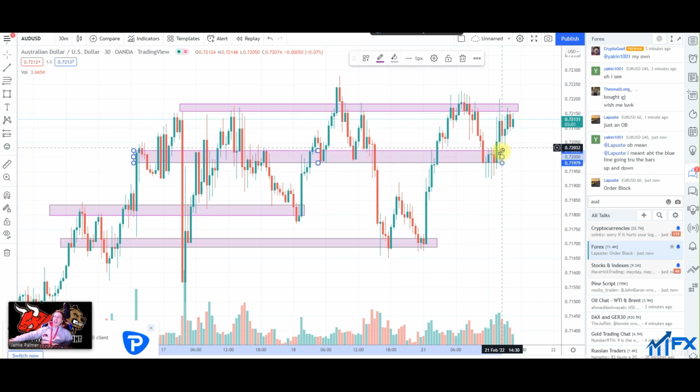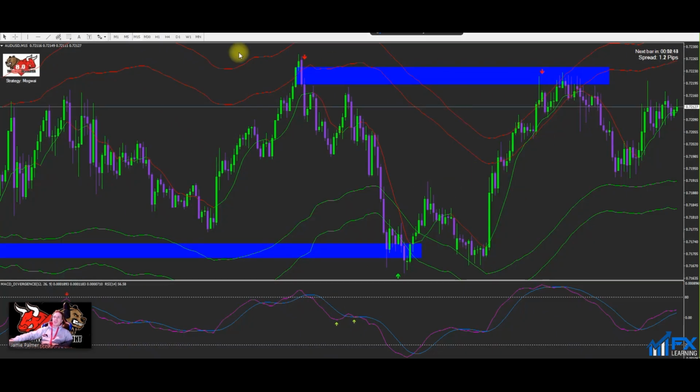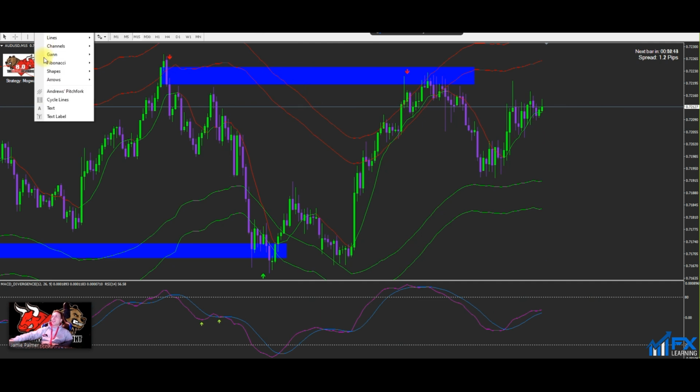If we look left now, look at this area just here. Touch there, one touch there, one touch there. This nice area of support. Now that area is on the 15-minute time frame. See that? You probably see it a little bit better.